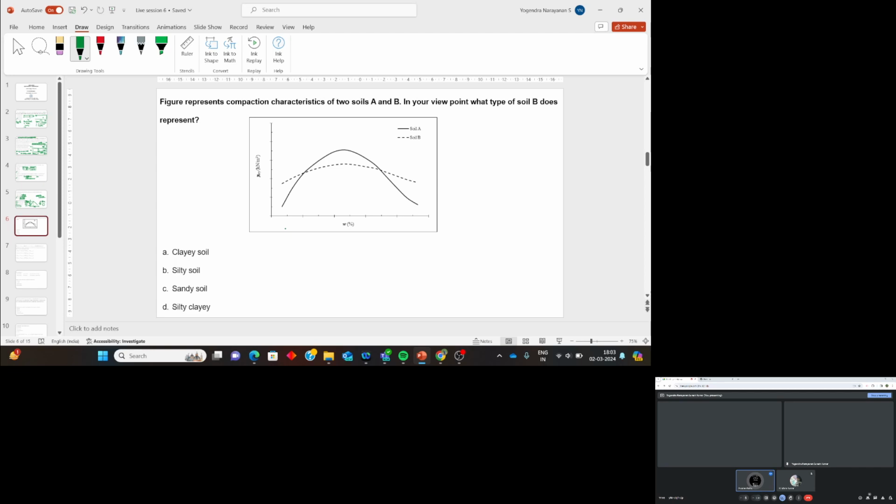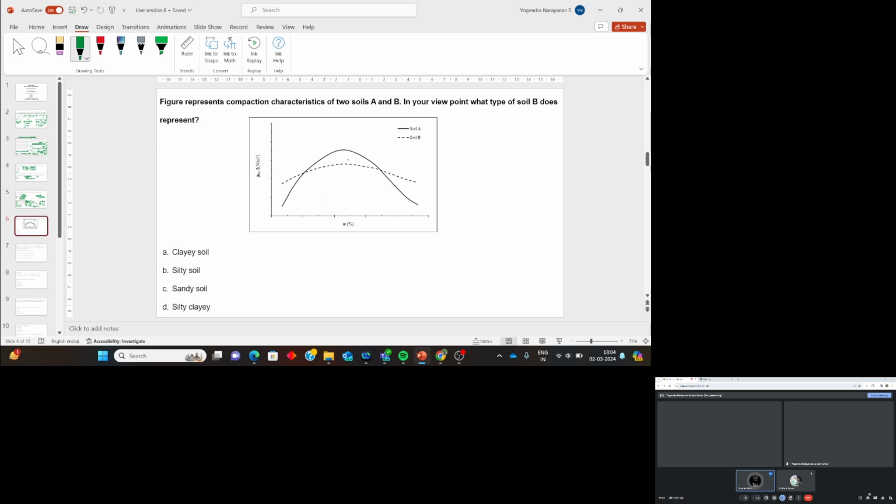Let us go one step back. What does the soil B curve signify? What is the physical significance of it? It represents density after compaction.